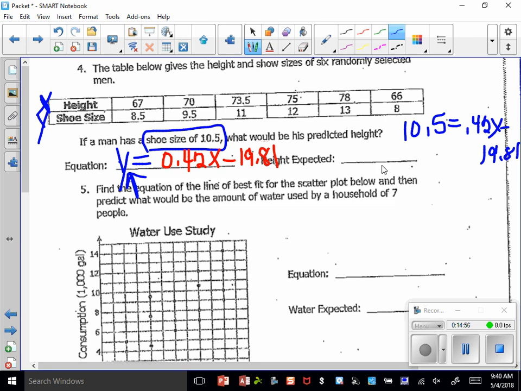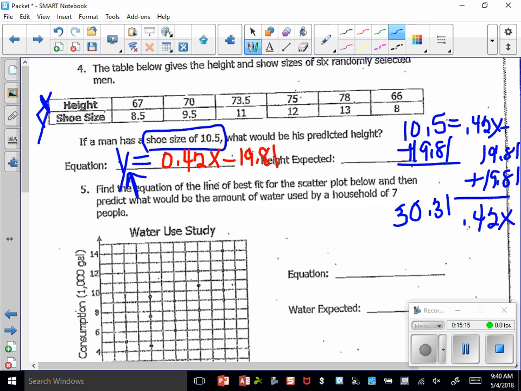So what are you going to do? Add the 19.81 to the other side. Is that right? Yep. All right. So what are you going to end up with on the left? 30 what? 30.31. All right. And then we're going to divide that by 0.42.